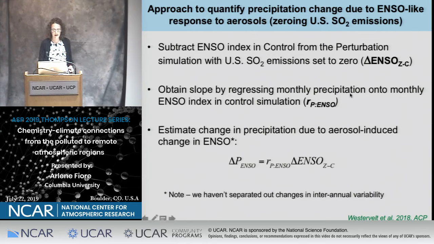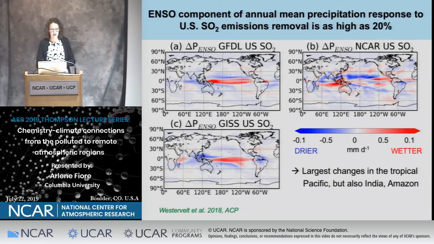So let's combine these together and multiply by that regression slope in each model grid cell, and get a change in precipitation that we're saying is attributable, at least according to linear regression, to that change in ENSO induced by the US SO2 emissions. With the caveat that we haven't accounted for how US SO2 emissions might be changing interannual variability in ENSO itself. And so this is what we find.